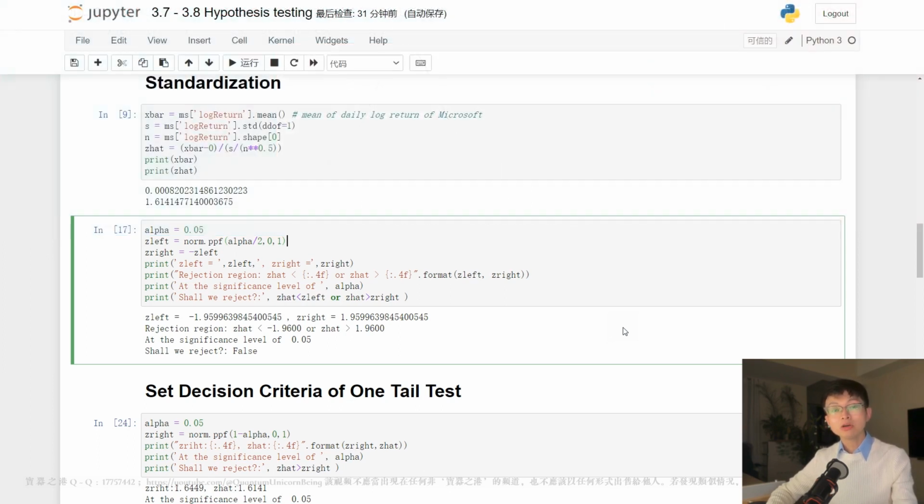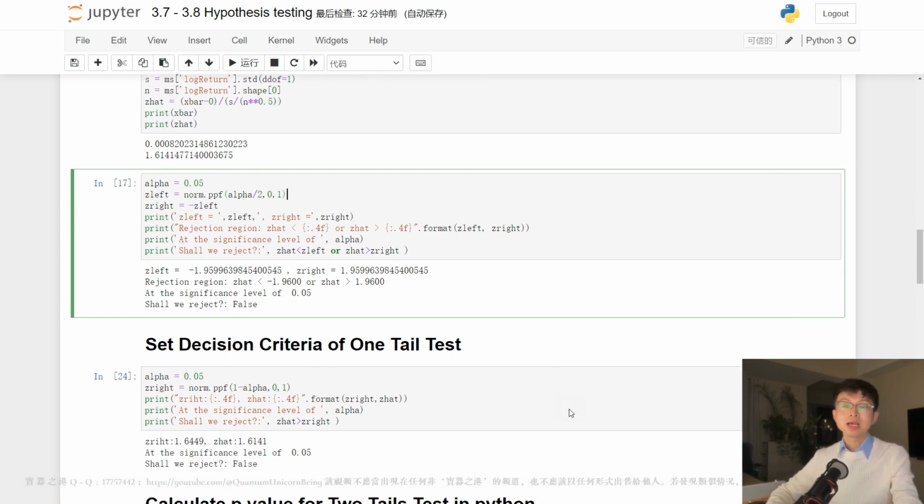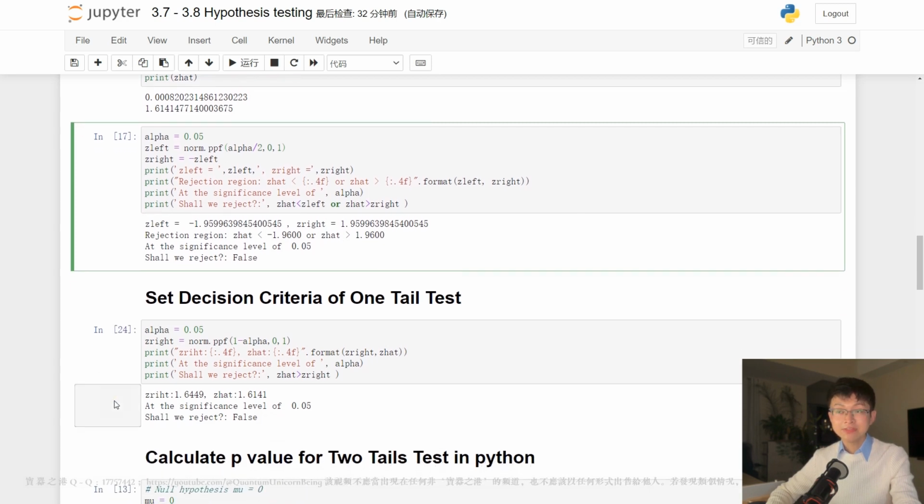We then calculate the test statistic, which is a z-score in this case, and determine the significance level, which is alpha, and identify the rejection region. So in this case, the rejection region is on the right tail of the z-distribution, and we reject the null hypothesis if the test statistic falls in this region.